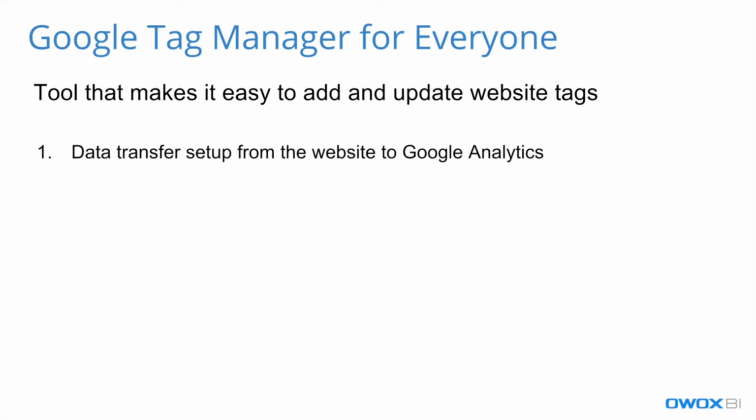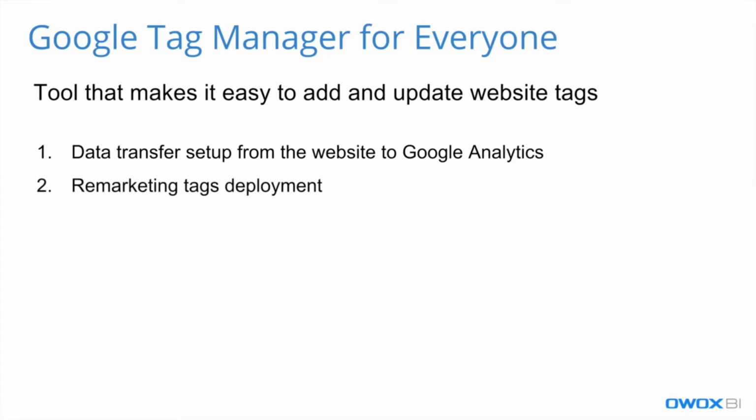So the main purpose of the service usage is data transfer from the website or from the app to Google Analytics, which helps to track users' online behavior and activities.